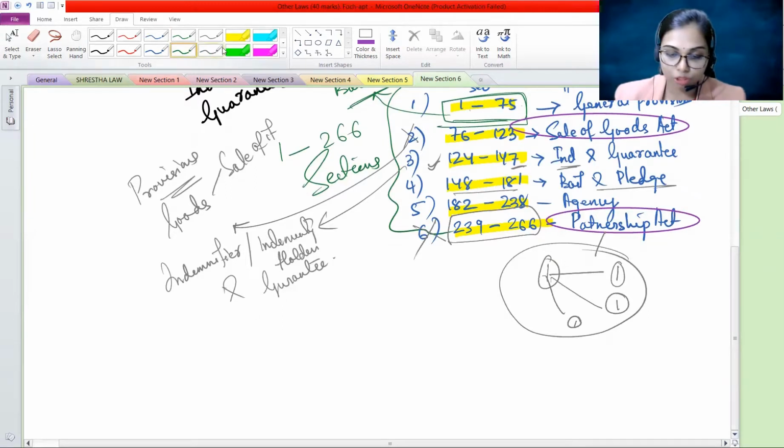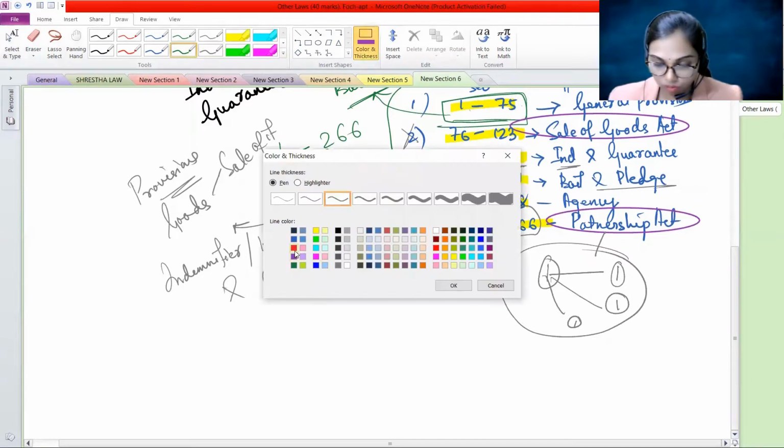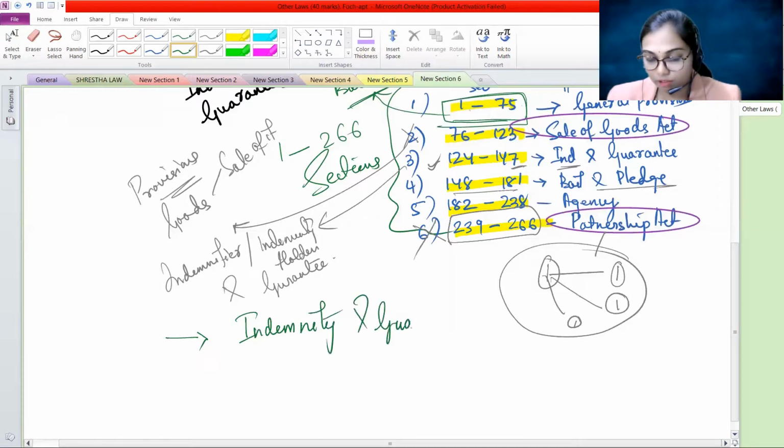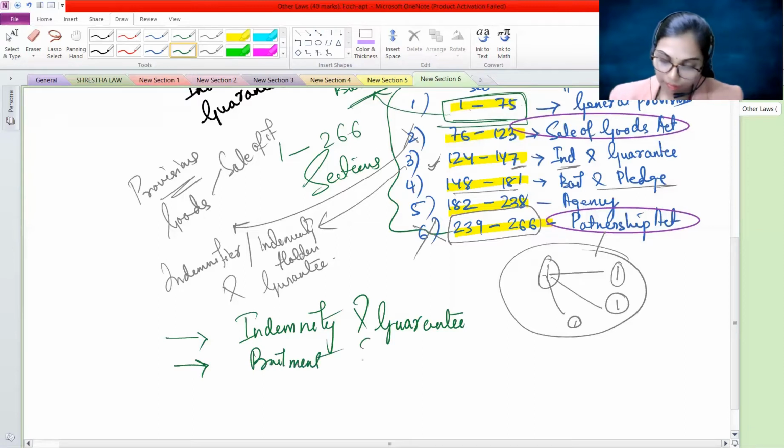What are these portions? The first one is the indemnity and guarantee contract. The second is bailment and pledge.